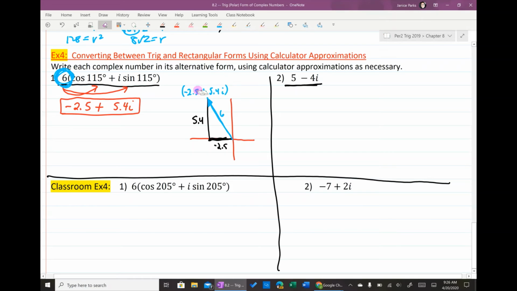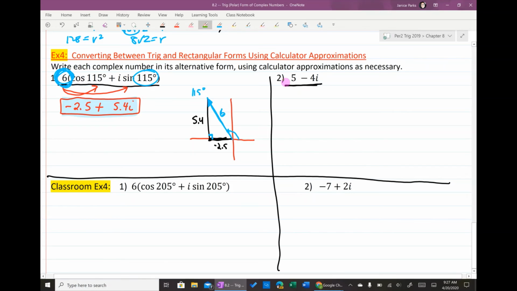That's where it ends at that point. So if you were to use the Pythagorean theorem on this, 2.5 squared plus 5.4 squared, it should equal 6 squared if you were doing this accurately. And then the 115, that's the degree from here to here. Okay, so the answer is this, but I just wanted you to know what you were actually figuring out.